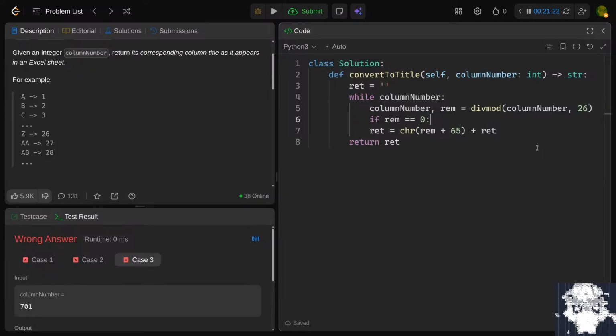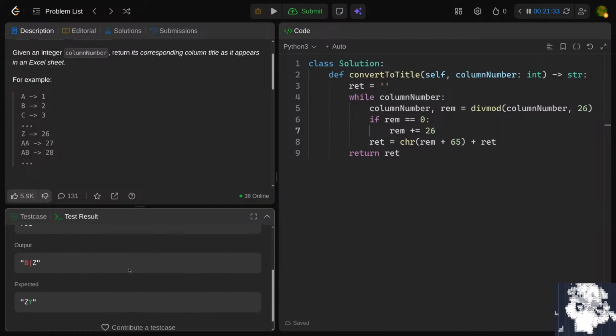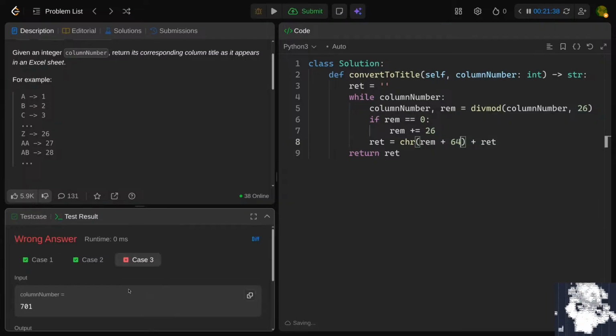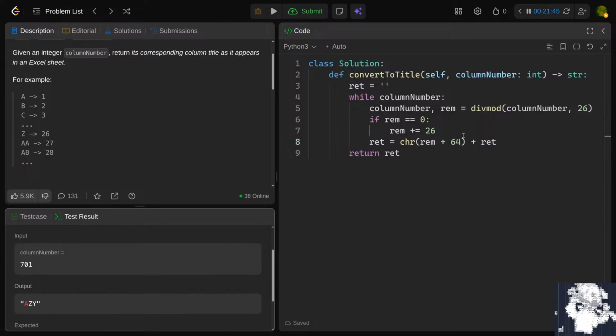If rem equals 0, rem plus equals 26. And here you can do plus 64. Oh, I really thought that would work. Because now we don't have any zeros. We just have 1 through 26. 27. 1 through 27.